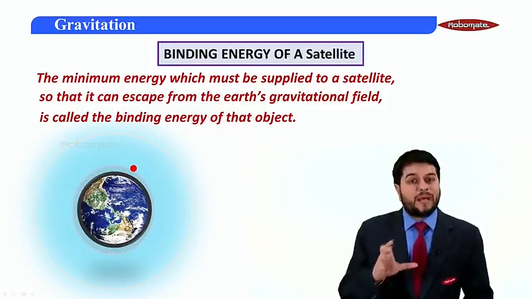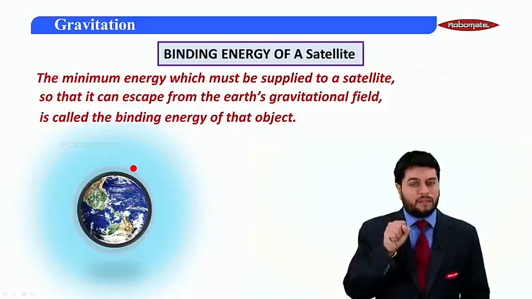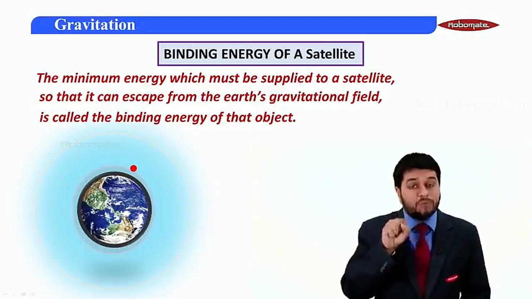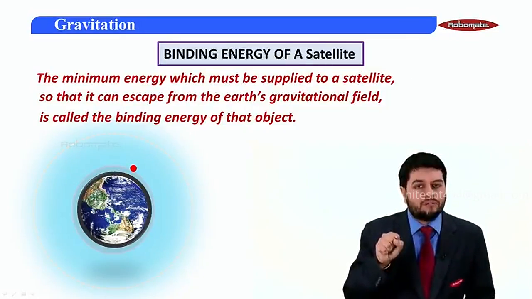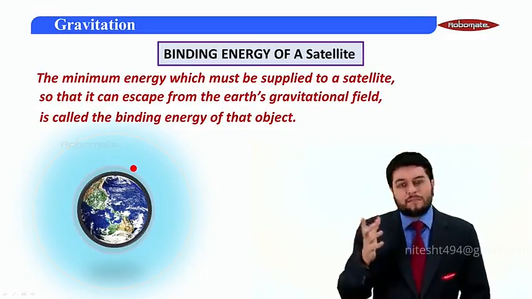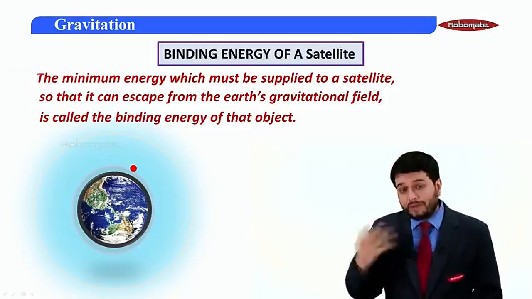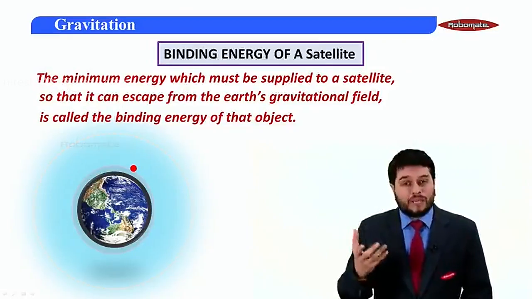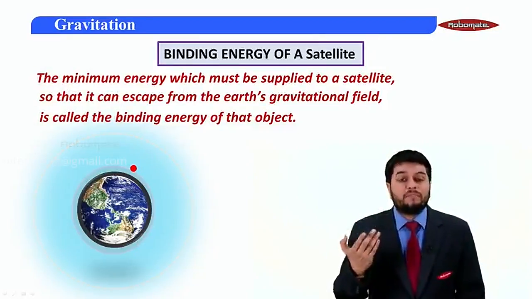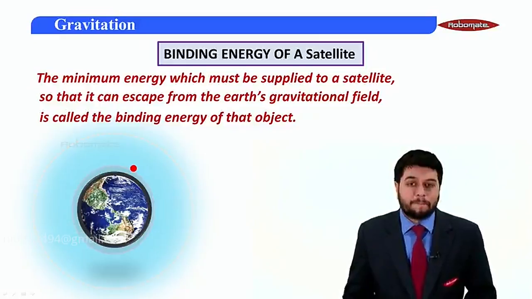As the name suggests, binding energy, bind, the energy with which it is bound inside the gravitational field. So if you want to release it, that much energy with which it is bound, we'll have to give it in an opposite way so that it can escape from the earth's gravitational field.